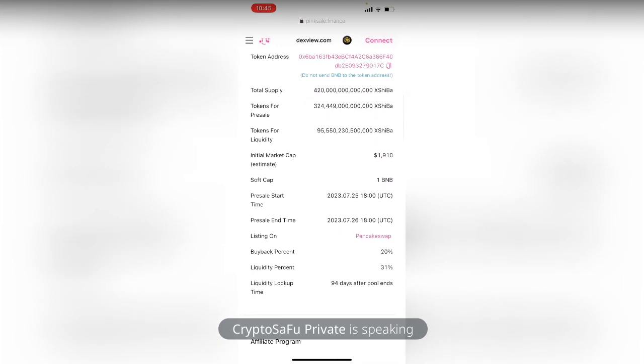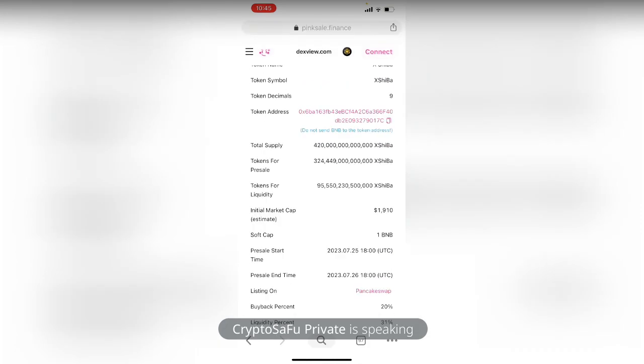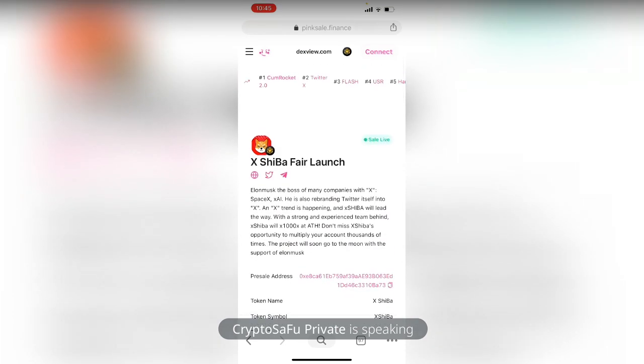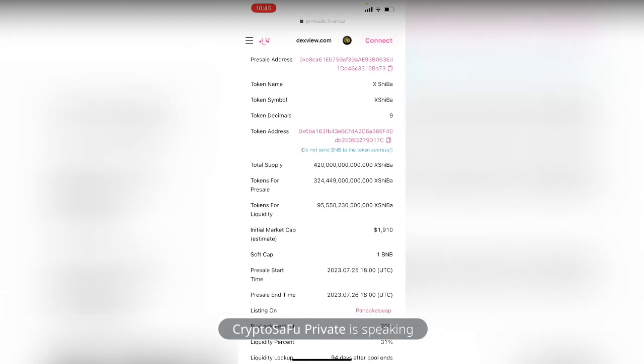Like for example, the total supply for this token is around 420 trillion, and the one for the pre-sale is about 324 trillion. So for a fair launch like this, someone that bought $1 or $10, it has to be fairly distributed for everyone using this supply that is available, 324 trillion.